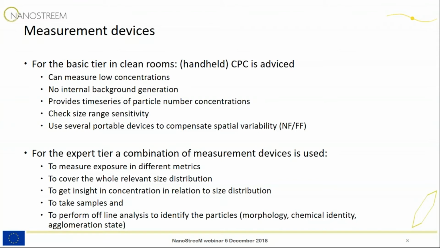Also to get insight in concentration in relation to the size distribution. So are the most small particles or most large particles? And besides that, it would be good to take samples to perform offline analysis to identify the particle, so the morphology, the chemical identity, and the agglomeration state.